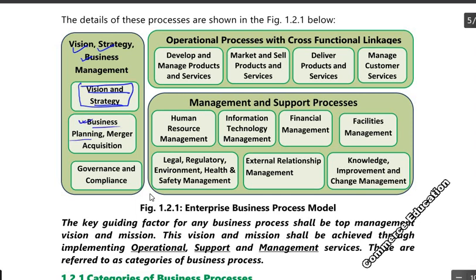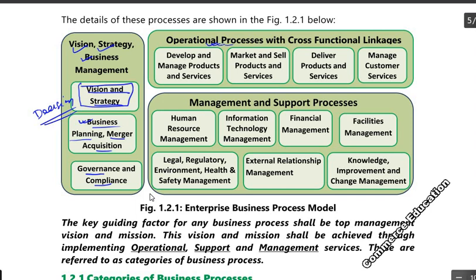Business planning, merger acquisition: this is also the decision of the enterprise's top management. Governance, compliance related decisions. So this is the decision part. Here decisions related to what should be the vision of the enterprise and business planning, merger acquisition decisions.